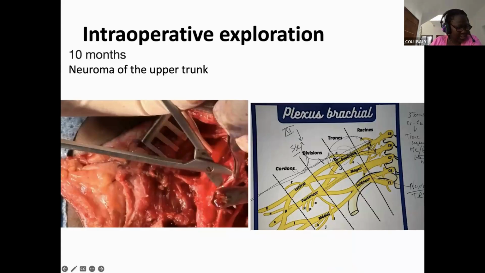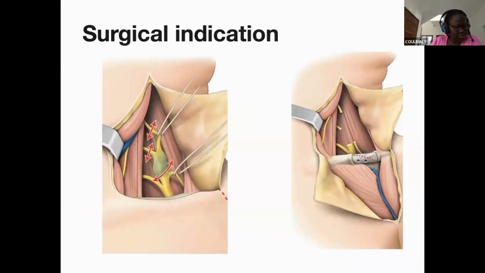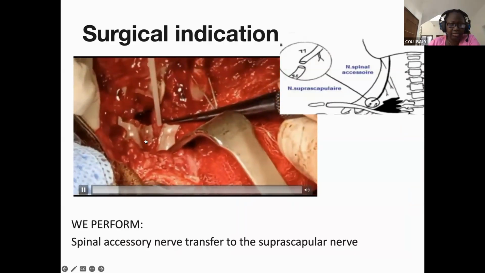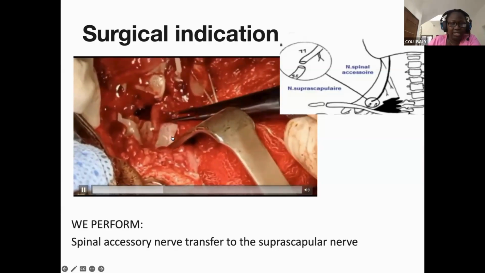We did a resection of the neuroma, followed by a spinal accessory nerve transfer to the suprascapular nerve. Here is the spinal accessory nerve.